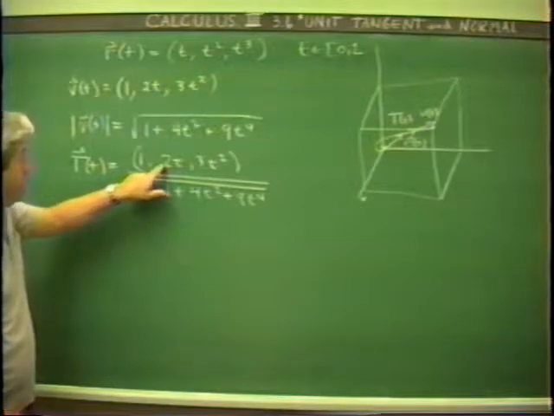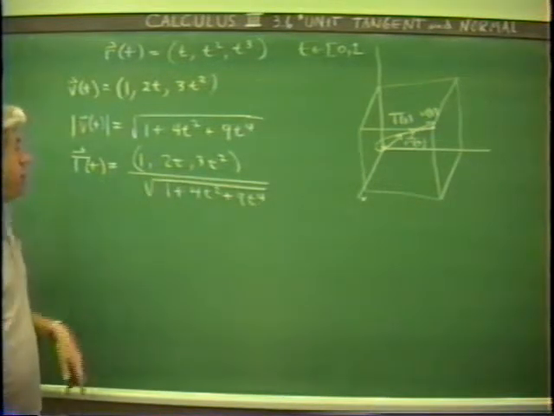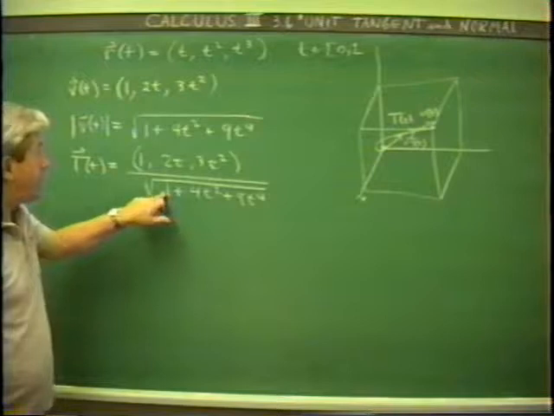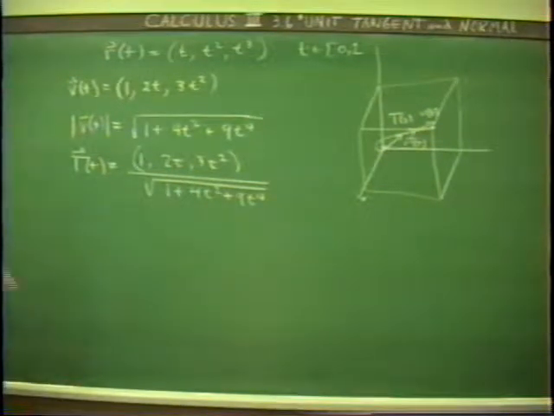That's to say, this vector has for its first component 1 over this square root, for its second 2t over the square root, and for the third 3t squared over the square root. This is scalar multiplication of that vector.